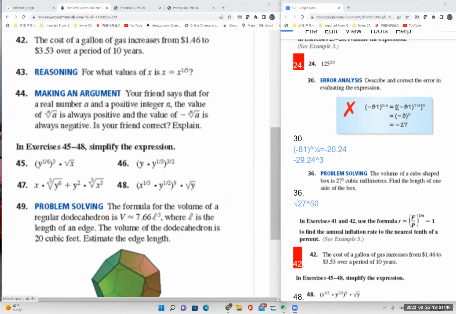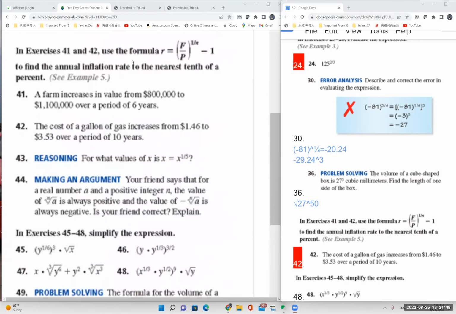The cost of organic gas increased from this to over a period of 10 years. What should we do? Use the formula R equals (final over principal) to the power of 1 over n, minus 1, to find the annual inflation rate to the nearest tenth of a percent.